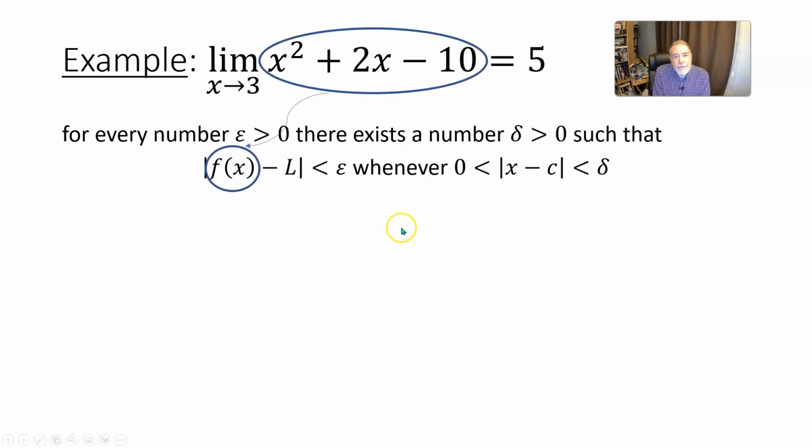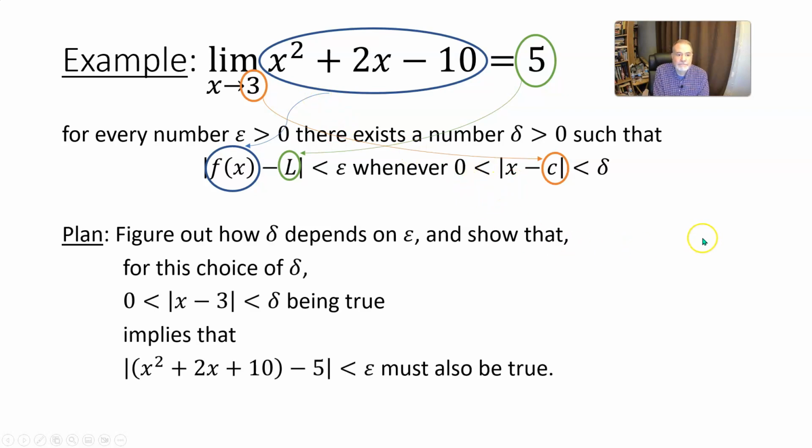So here our f of x, our function, is x squared plus 2x minus 10. And our limit, our L, is 5. And our c is 3. So we need to show that for every number epsilon greater than 0, there exists a number delta greater than 0 such that the absolute value of x squared plus 2x minus 10 minus 5 is less than epsilon whenever 0 is less than the absolute value of x minus 3 is less than delta.